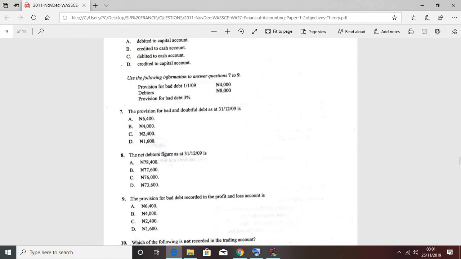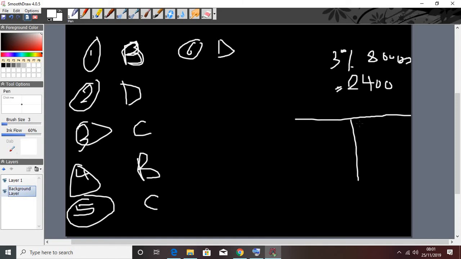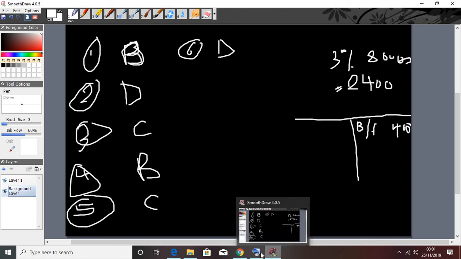So the first one here, you have balance brought forward, and it's 4,000.